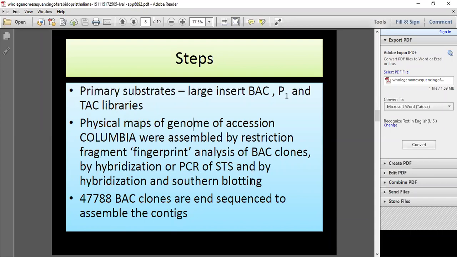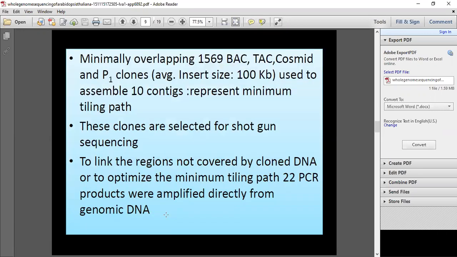Then they selected minimally overlapping 1569 BAC, TAC, and P1 clones. They have average inserts of about 100 kb.